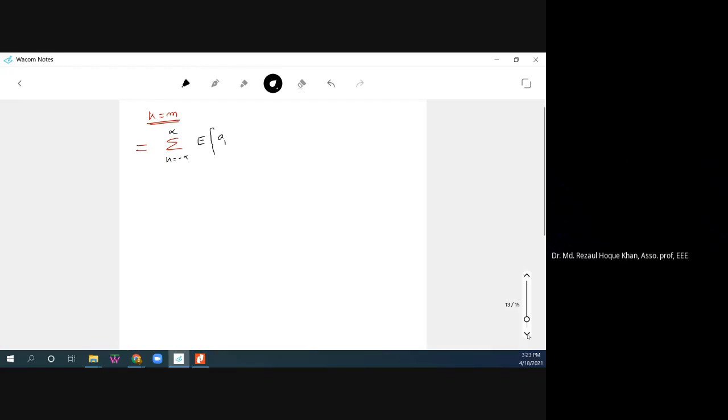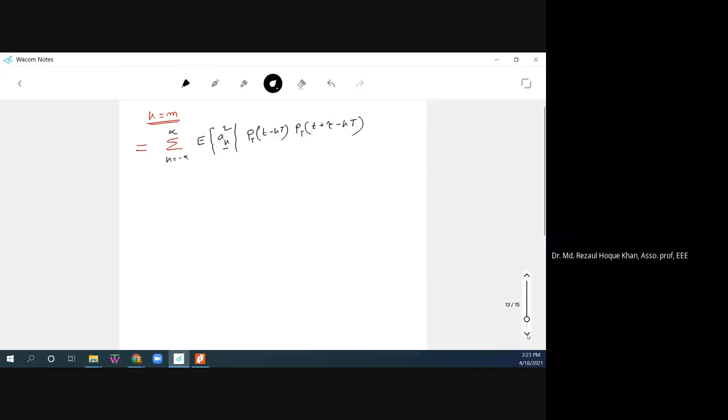ak squared, times p(t minus kT) and p(t plus tau minus kT). How do we have this? If they are squared, they are the same.